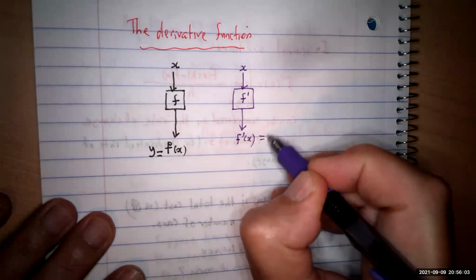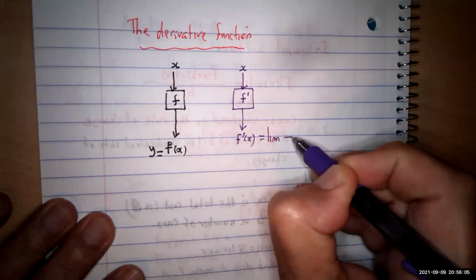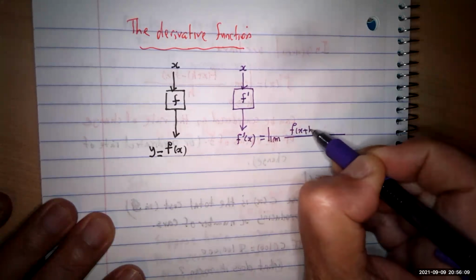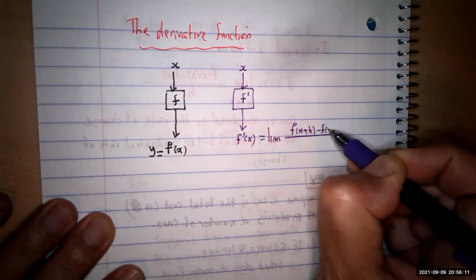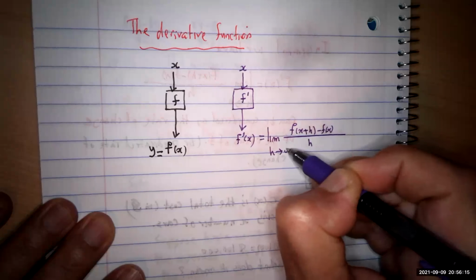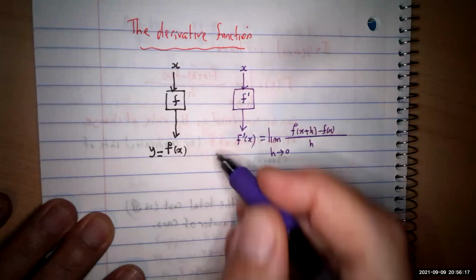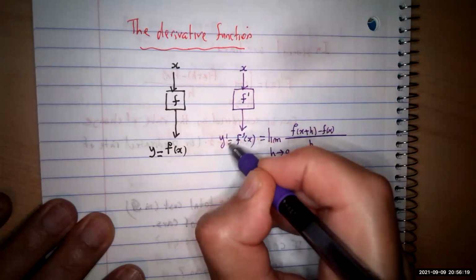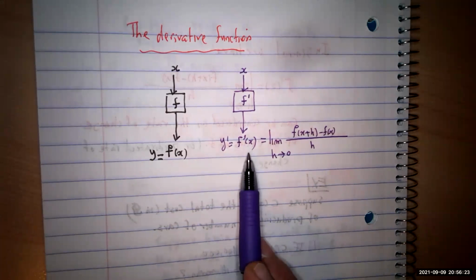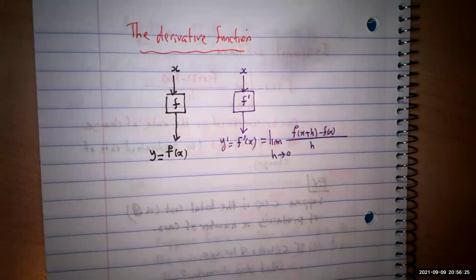Remember, this is it: limit of f of x plus h minus f of x divided by h when h goes to 0. So you may call it y prime equal to f prime of x. This f prime of x is called the derivative machine or the derivative function.